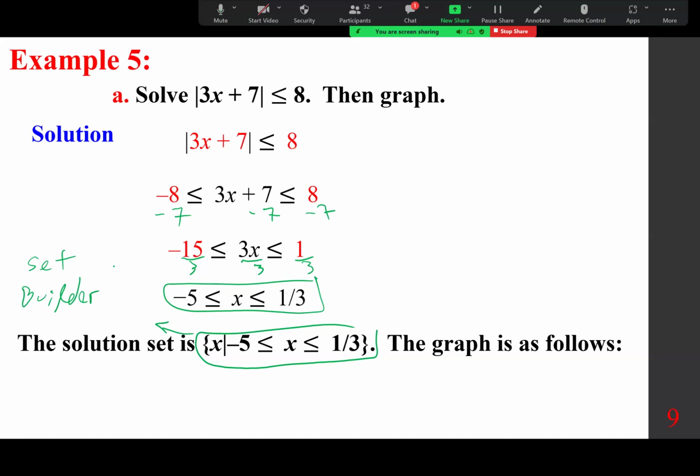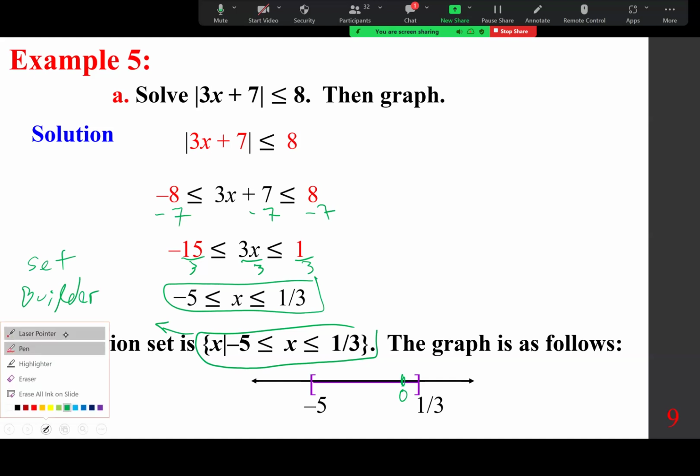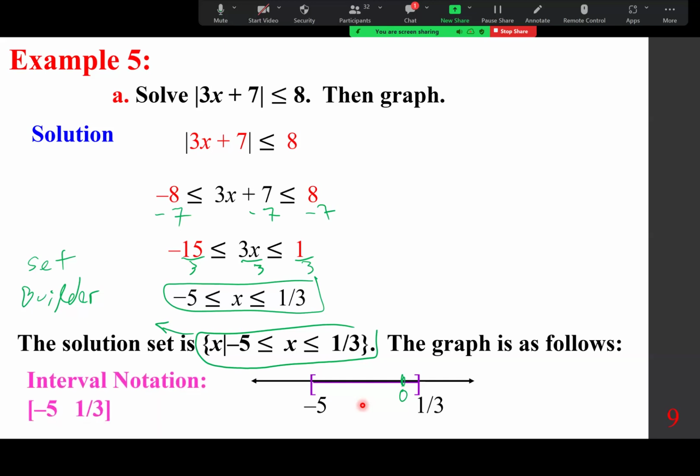Now, if we want to graph it on a number line, it goes from -5 to 1/3 somewhere here. This is not too scary. Notice we are using brackets because the endpoints are included because we have the equality. Interval notation, just brackets from -5 to 1/3.